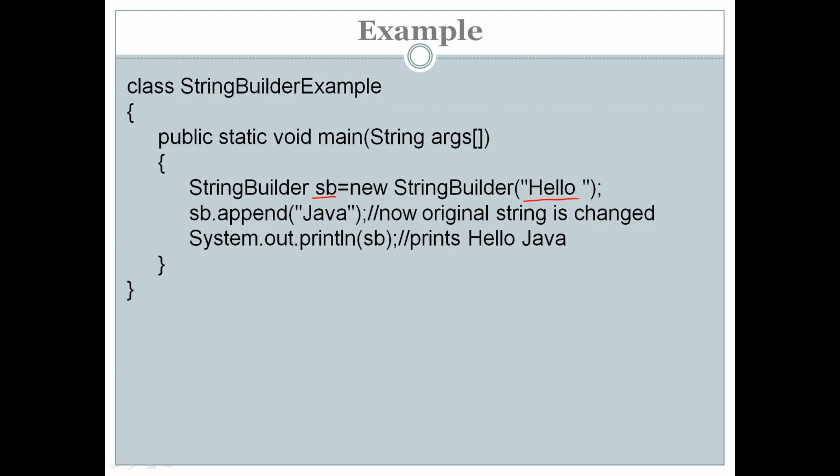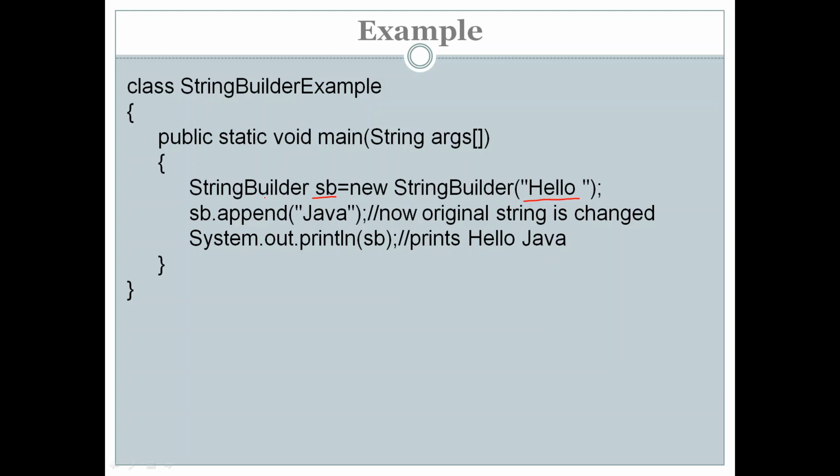We have seen there are 4 or 5 constructors, and we are using the constructor which takes a character sequence as an argument. We pass hello, and it creates an object of StringBuilder sb, and the value it stores is hello.